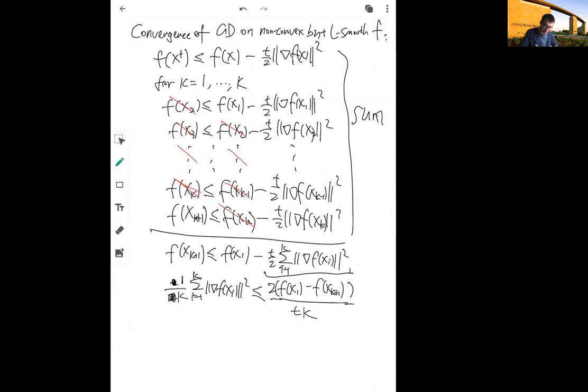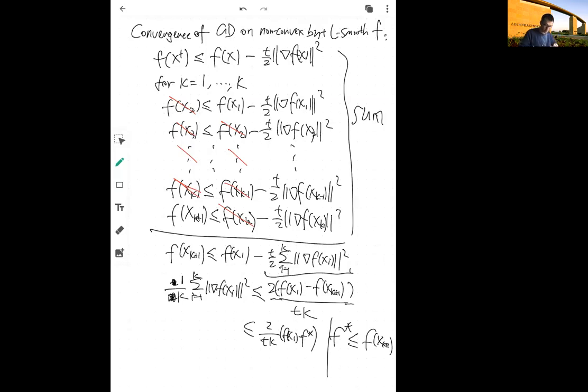Now notice that f star is always smaller than f(x(k+1)), right? For all k. So we can further bound this by 1 over tk times f(x1) minus f star.